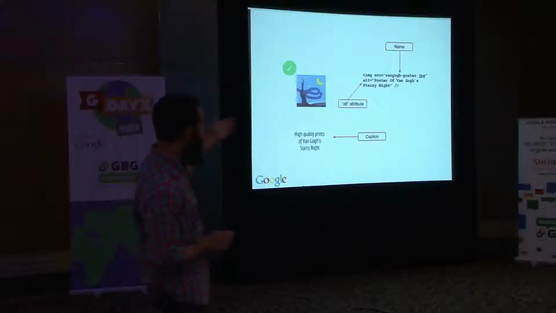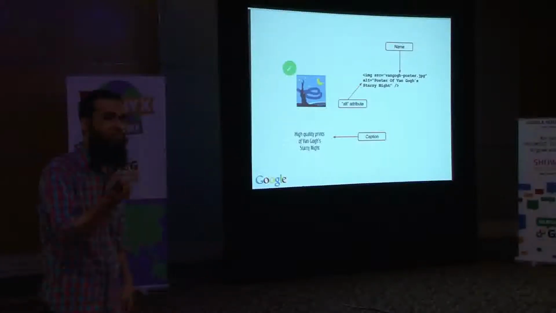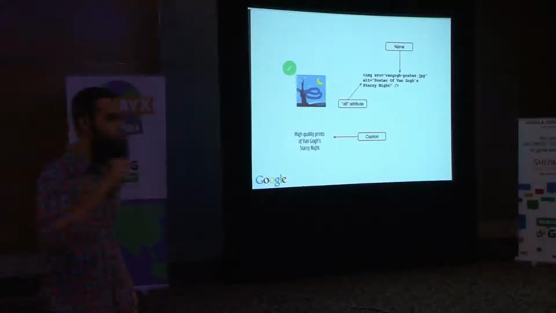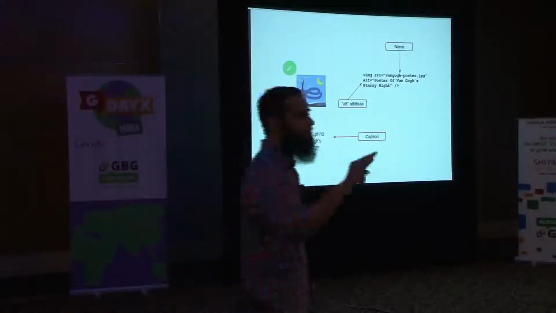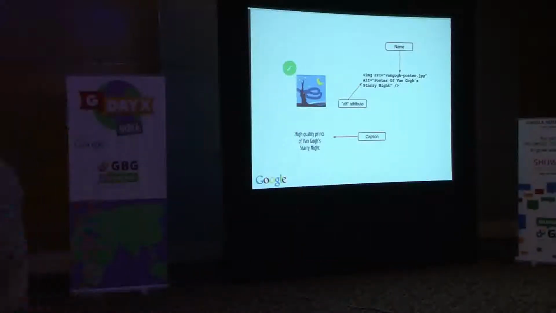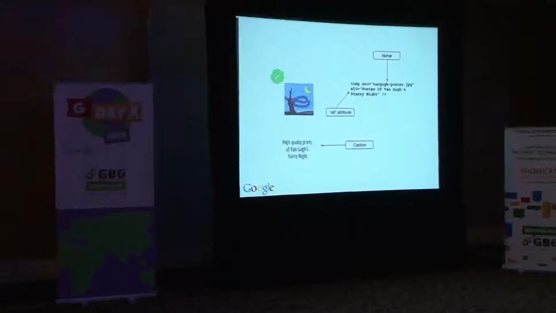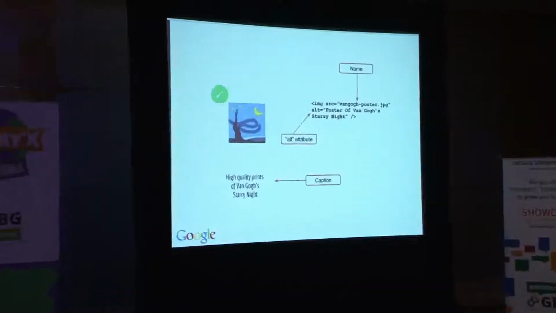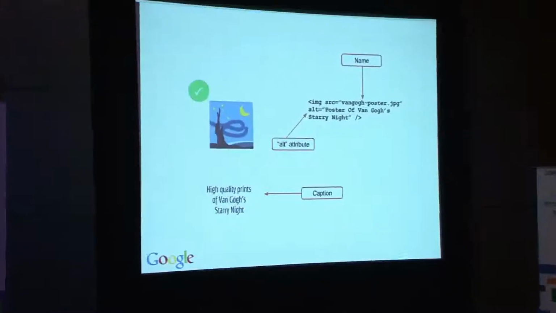What are the things that you can use to describe it? Use descriptive image names, the file name of the image. Use an appropriate name. Just don't use random names like 1.jpg or abc.jpg. The second thing that you can use is the alt tag. How many of you know of the alt tag? Many of us, right? Alt means alternate.